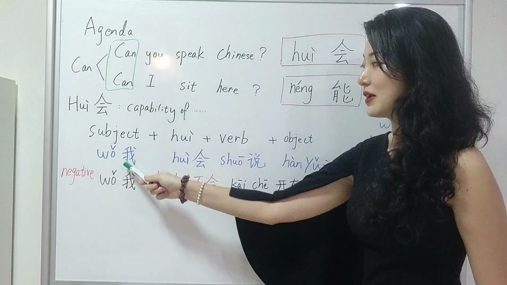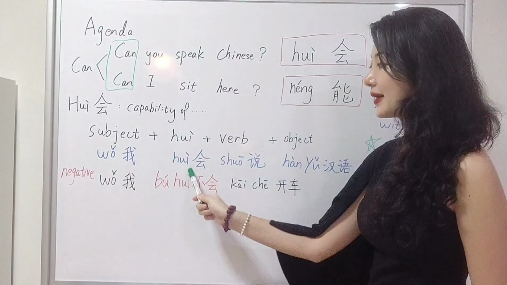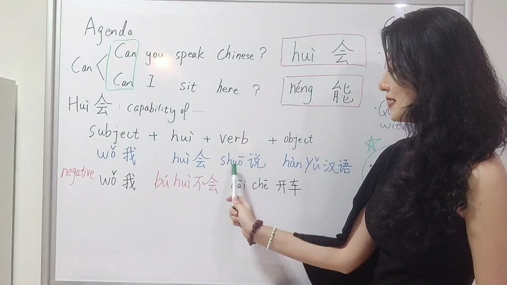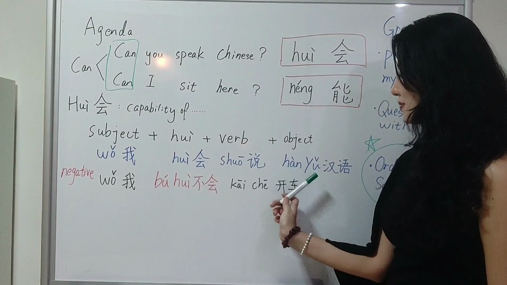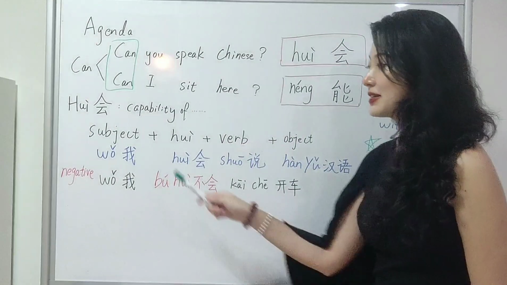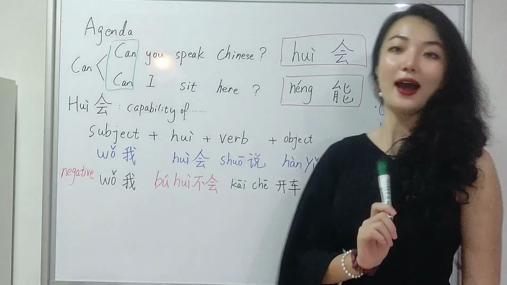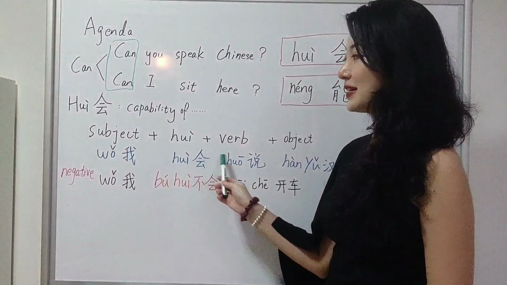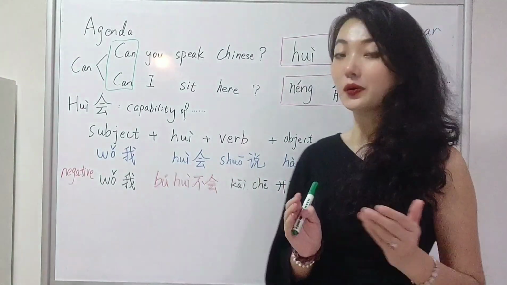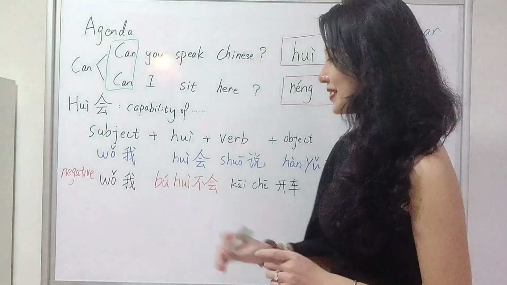In Chinese, 我 means I, 会 can, 说 to speak, 汉语 Chinese. So 我会说汉语. I can speak Chinese. The order of saying the sentences with hui is exactly the same as in English.